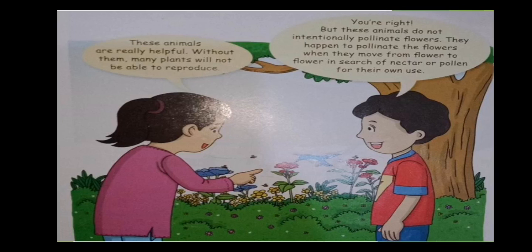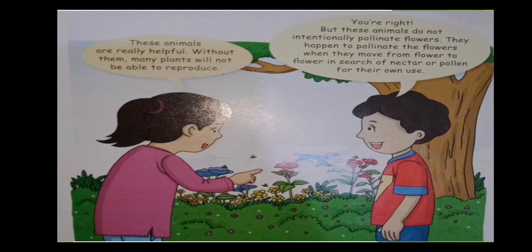They just move from flower to flower, the pollen sticks to their body and transfers from one flower to another flower, or it can be within that flower. So, this is our today's lecture, whose major topic is pollination by animals.